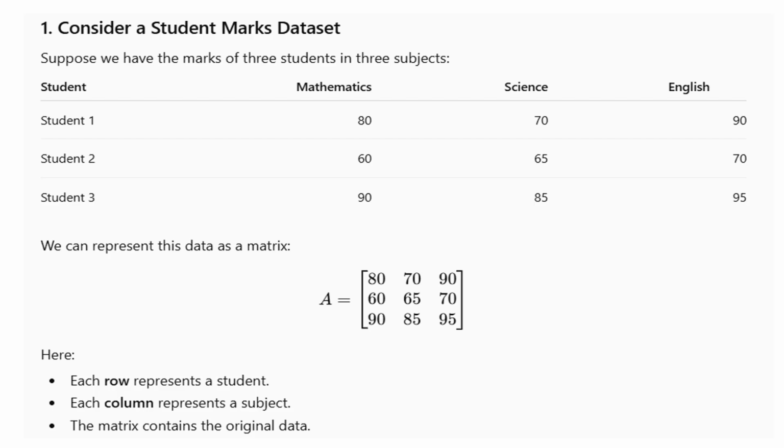Consider these student marks. Again, here we have three students and three features: mathematics, science, and English.